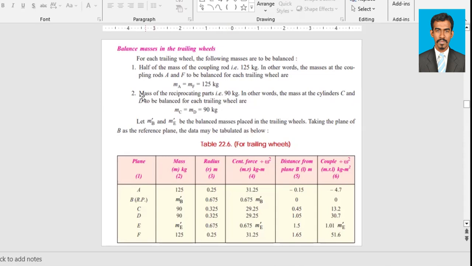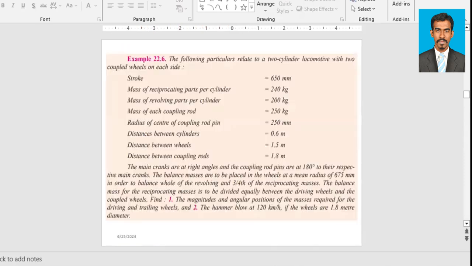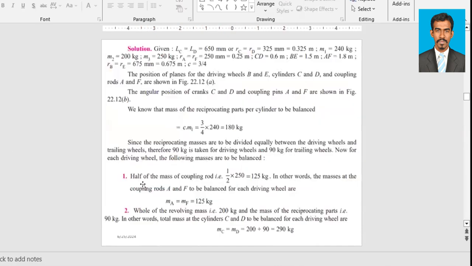And the second one, we have the mass of the reciprocating parts, that is 90 kilogram, which we have already found, right? So 3/4 of the reciprocating parts are to be balanced. So 3/4 into 240, that will be 180, right? 180 kilogram. And of the 180 kilogram, 90 kilogram will be balanced by the driving wheel.